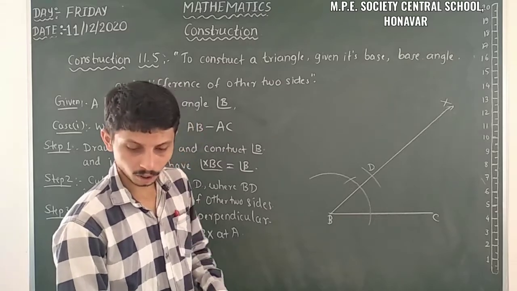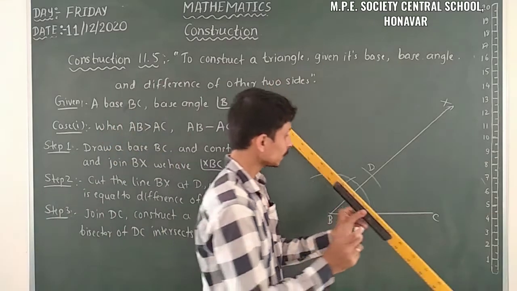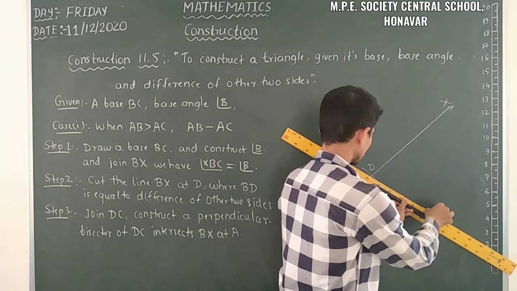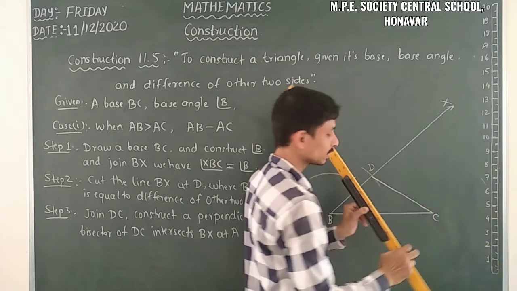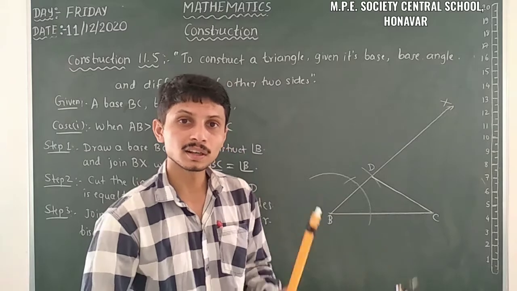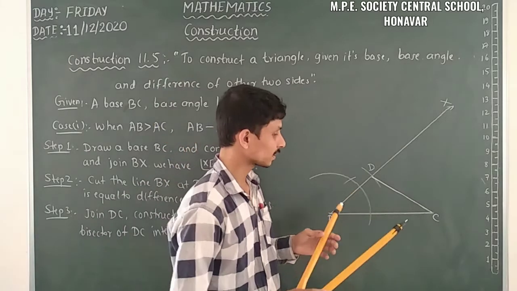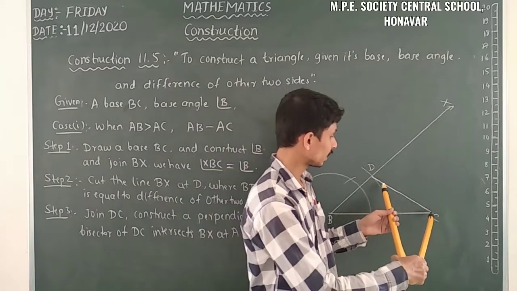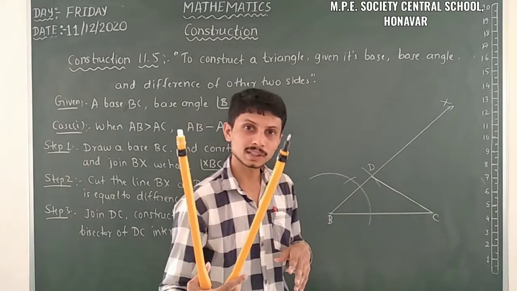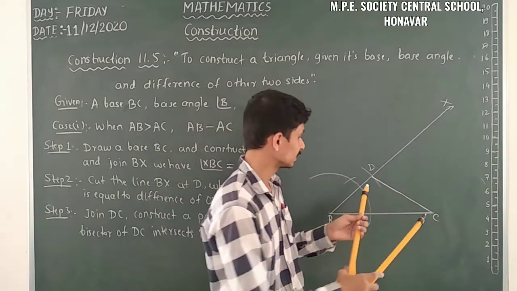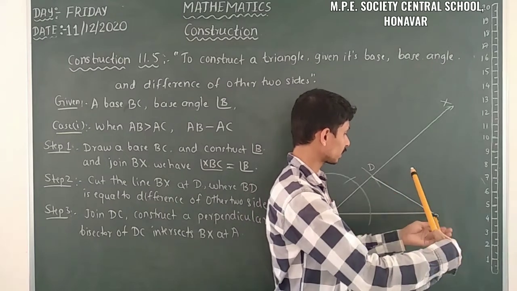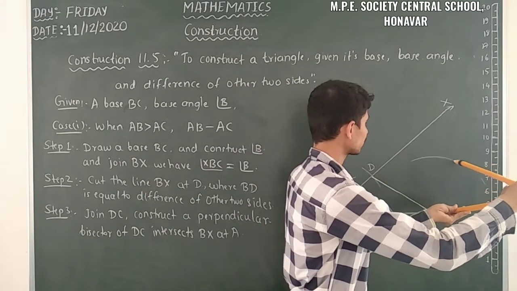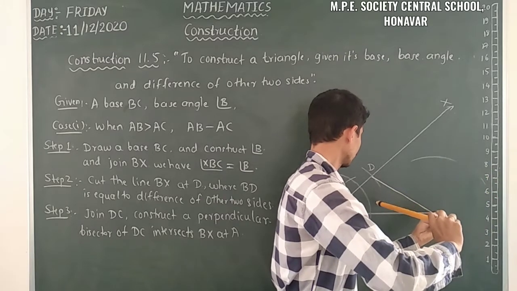Firstly, we have to join DC, and for this DC you have to construct a perpendicular bisector. Already you know the construction to draw a perpendicular bisector. Take a radius of the compass more than half of DC, and taking C as the center, draw a curve on both sides of the line DC.